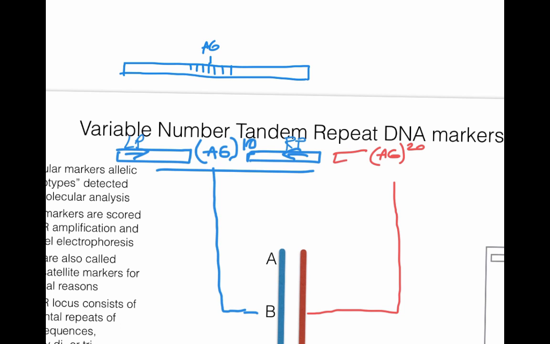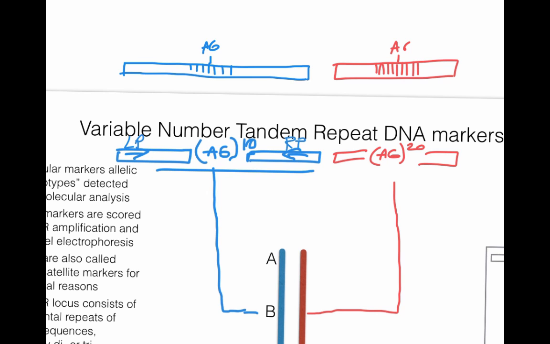And the flanking DNA is the same, so this can again be amplified, and I'm not going to draw it to scale, but here we would have the many 20 VNTR sites, or the repeat pattern of AG.